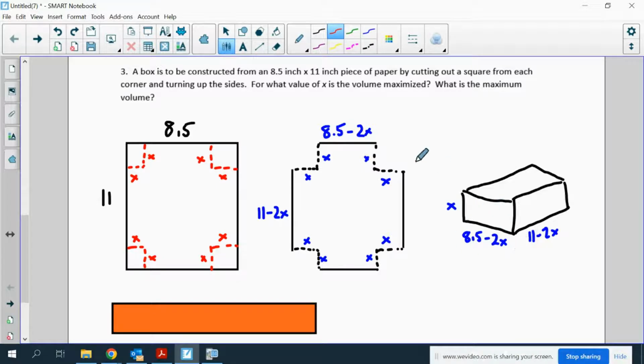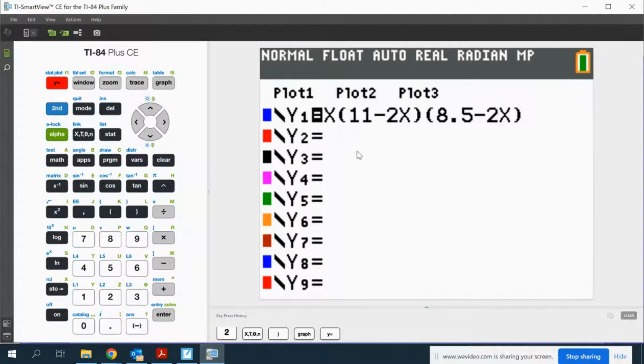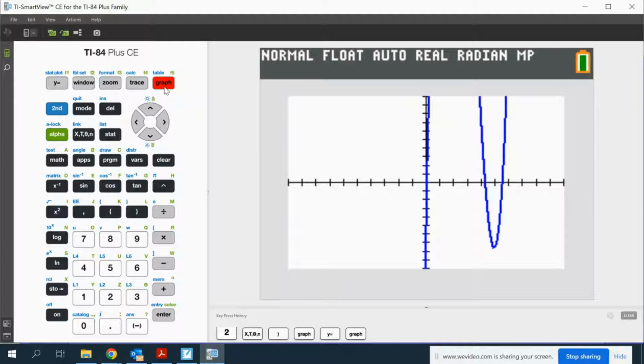So then, if I'm trying to maximize the volume, I have a height of x, a width of 8.5 minus 2x, and a length of 11 minus 2x. What I'm going to do is write that as a volume equation, and then I will type that in the calculator, and I want to graph it.